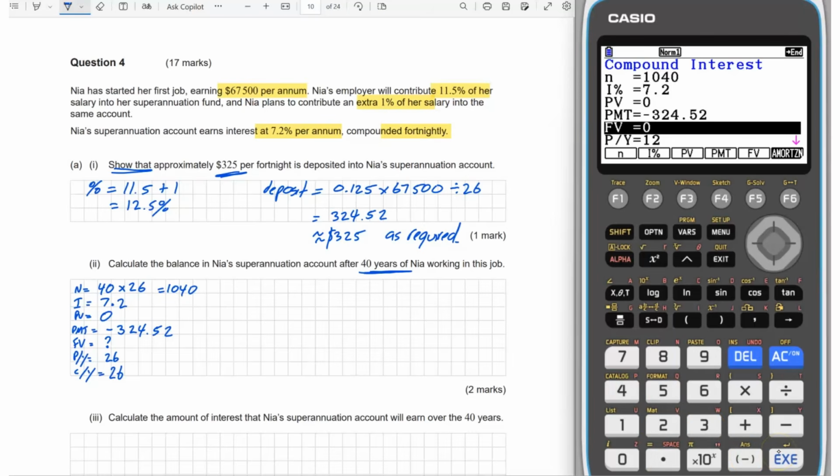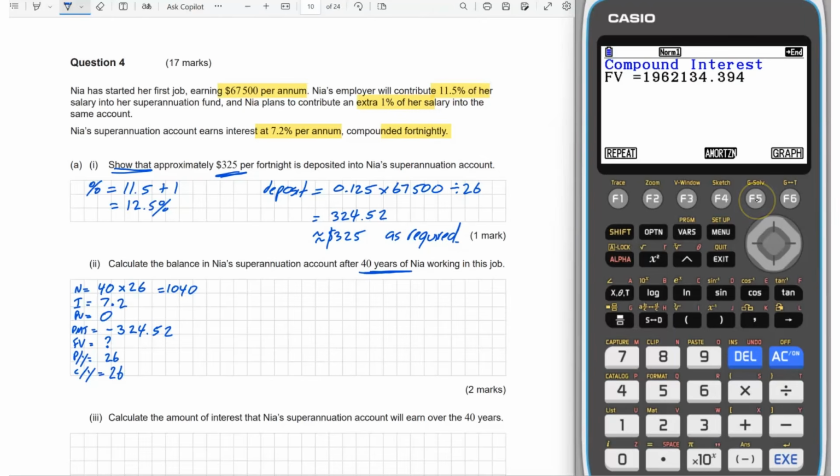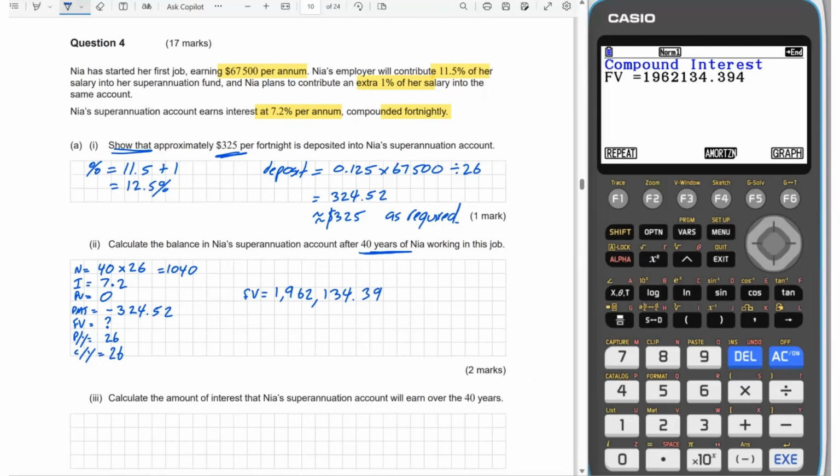The future value is what we're trying to find, and we know we've got 26 fortnights in a year. So if we press F5 to solve for the future value, what we get is $1,962,134.39. So that's going to be our balance in 40 years' time.